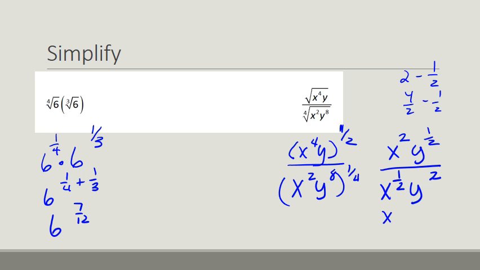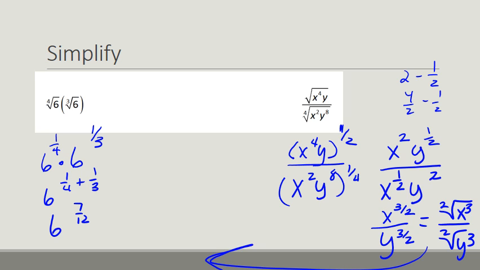So I get x to the 3/2 on top, y to the 3/2 on bottom, okay, which is the same as the square root of x cubed over the square root of y cubed. Sorry, I ran out of space, wasn't thinking this through very well. So I get x times the square root of x over y times the square root of y.